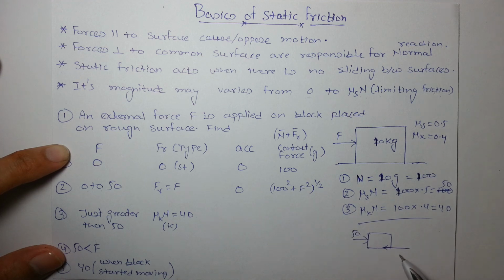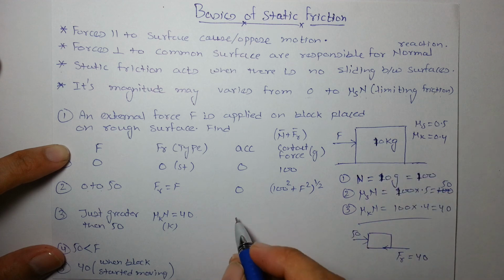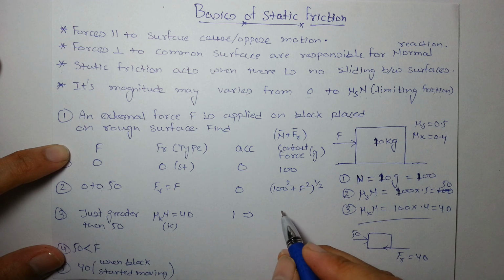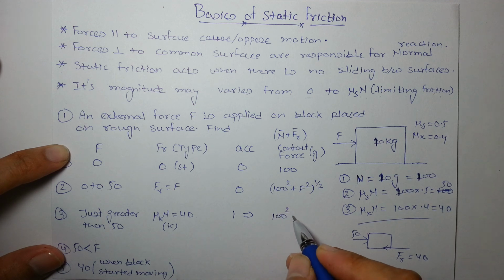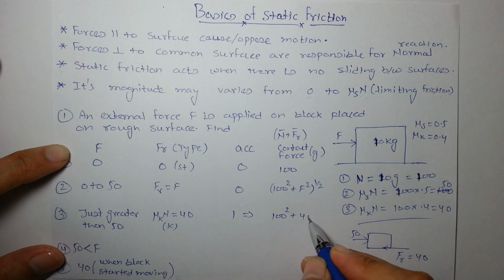It has started sliding, so the friction will be 40. The unbalanced force is 10, and it is of 10 kg, so the acceleration will be 1 meter per second square, and in this case the force from the ground is the square root of 100 square plus 40 square.